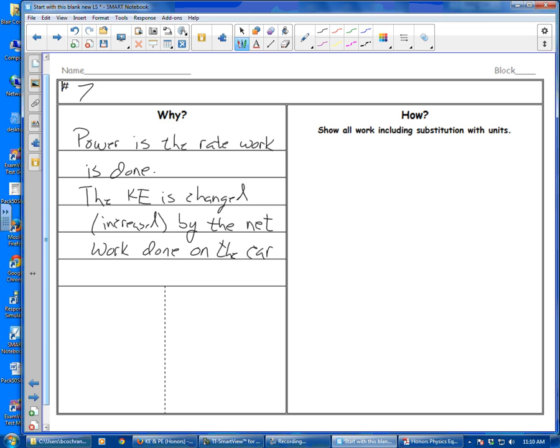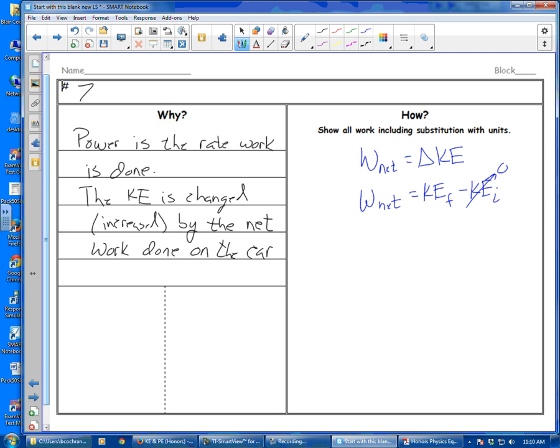So mathematically, we have from our equation sheet, the net work is the change in kinetic energy, where that change would be KE final minus KE initial. Its initial kinetic energy we know is 0 because it starts from rest.